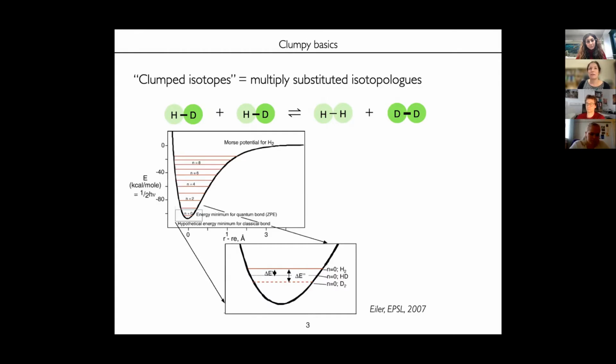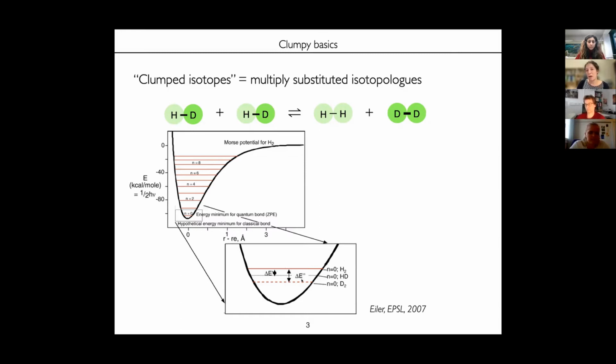I won't go into much detail, but very briefly, the reason why this is temperature dependent is the change in the zero-point energy of the bonds with substitution. If we look at this zoomed-in version of the Morse potential plot, we see that the zero-point energy for the doubly substituted molecule is lower than for the two-hydrogen molecule.